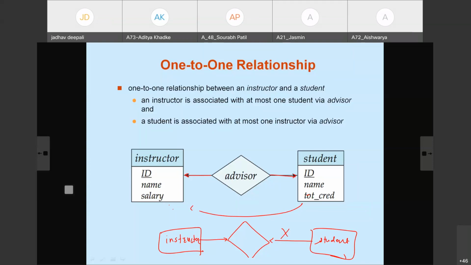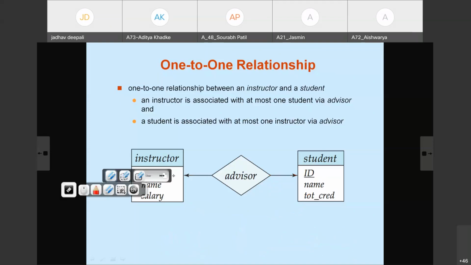So here one-to-one is represented with a directed line. This direction is not allowed, meaning never make an arrow towards the relationship set. The directed line is only towards the entity set. So in this way one-to-one is represented.